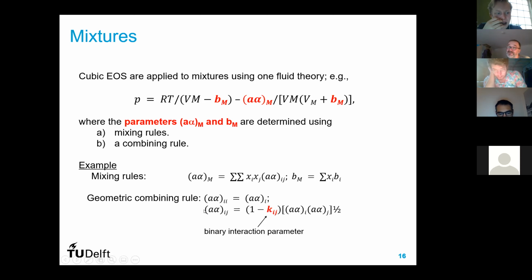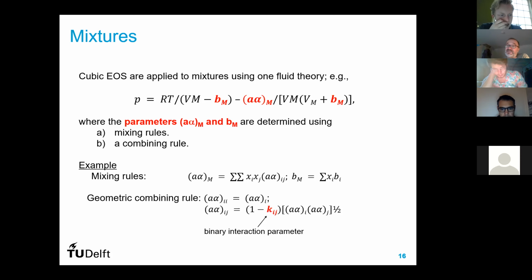So once you construct this matrix, you can just sum it over the concentration of each species, compute A, compute B, and now you substitute them here in the equation of state and solve the equation of state for the mixture. So it's a little bit more bookkeeping, but quite straightforward.